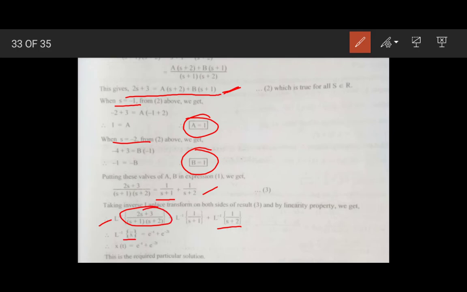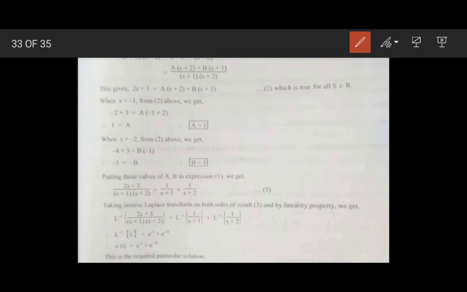So inverse Laplace of x bar is equal to inverse Laplace of 1 upon (s plus 1), which is e raised to minus t, and inverse Laplace of 1 upon (s plus 2), which is e raised to minus 2t. Okay, and inverse Laplace of x bar is x(t). So finally we get the solution of the given differential equation as x(t) is equal to e raised to minus t plus e raised to minus 2t. So this is the solution of the given differential equation.